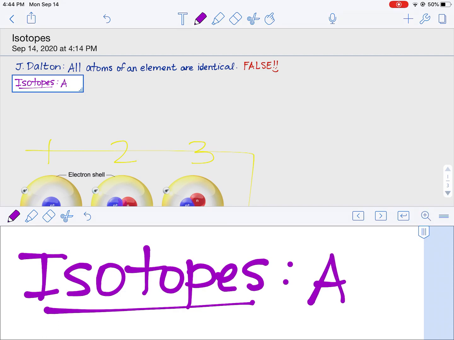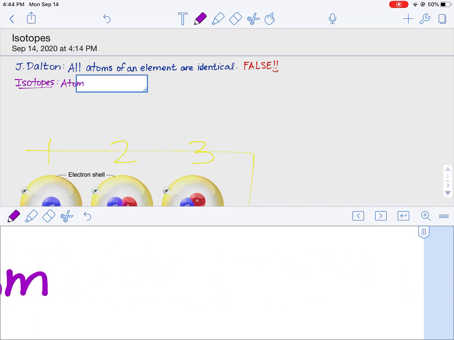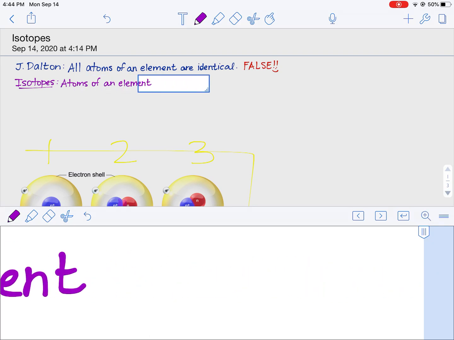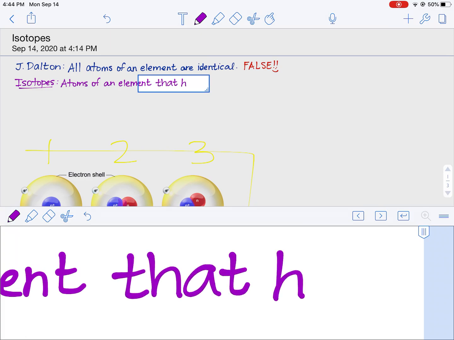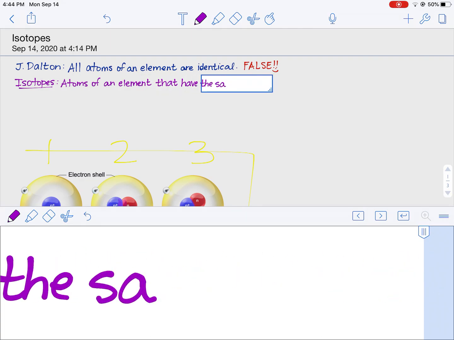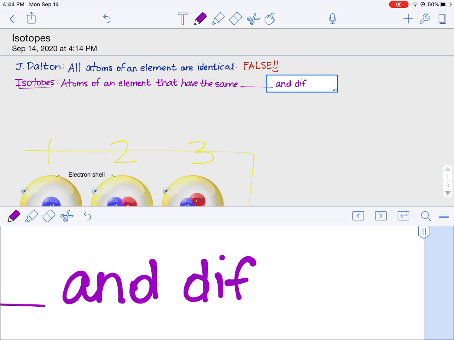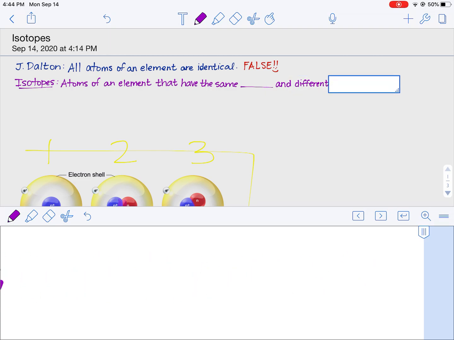Isotopes are atoms of an element that have the same blank, and we'll put a blank for a moment, and different blank.